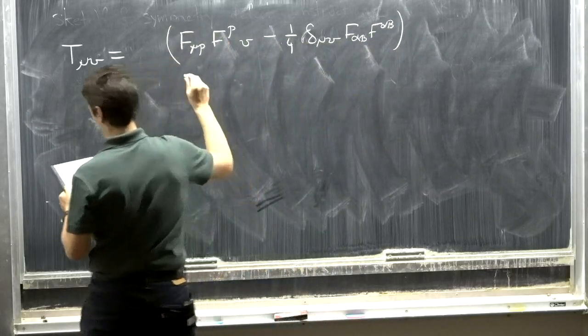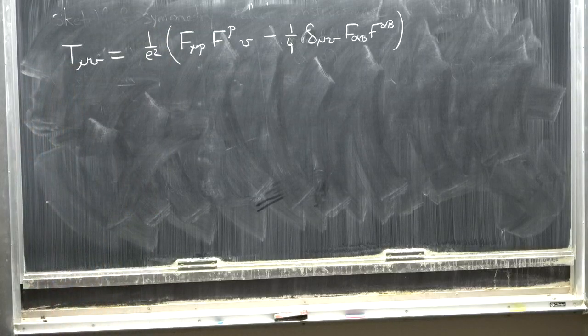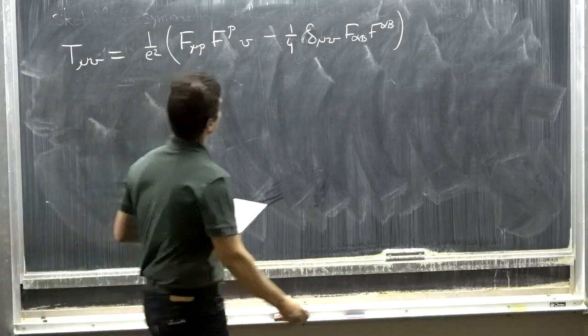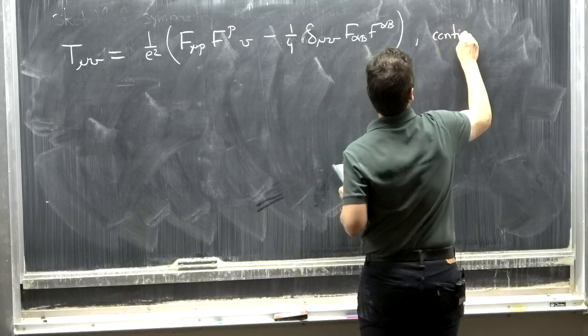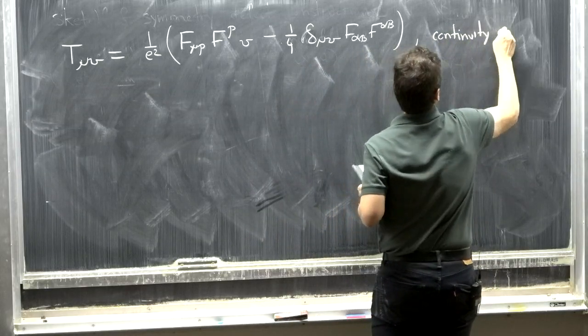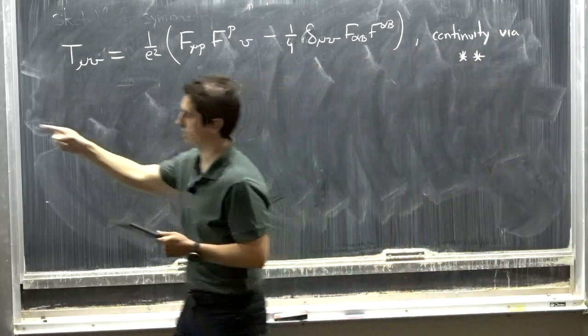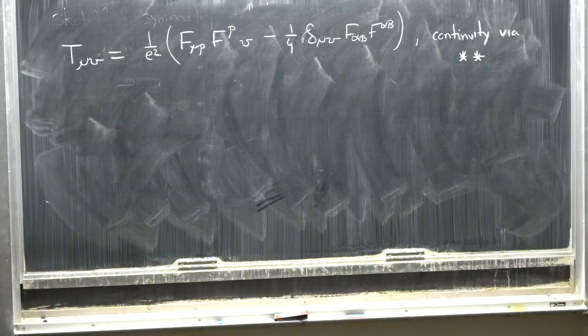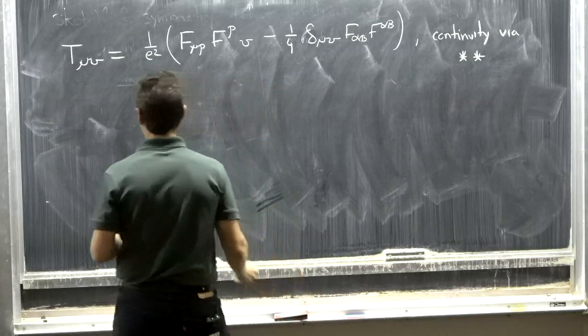And there's some factor of E out front in my normalization. Okay, good. In particular, it's continuous. We get continuity via this boundary equation that I derived. Right, so this equation is enough to prove that the stress tensor commutes with the defect.